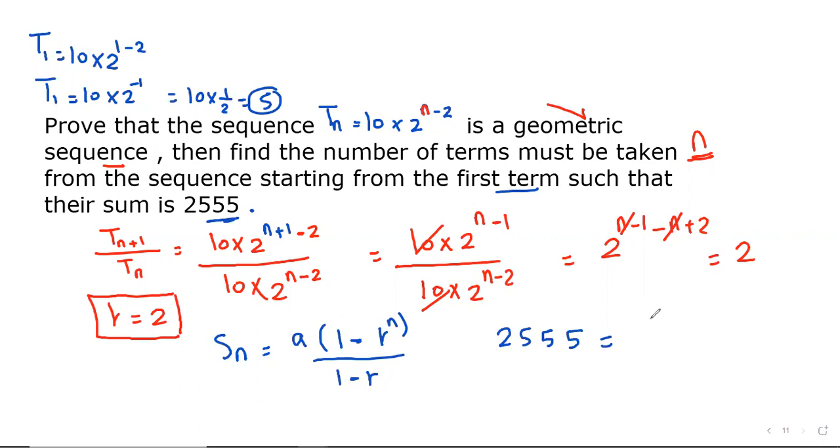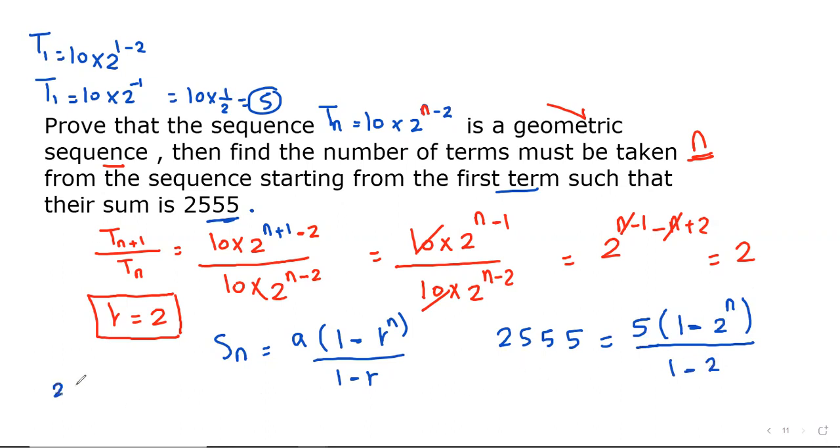So here A is 5 multiplied by 1 minus r. r is 2 to the power of n. I don't know what n is. Over 1 minus r, which is 1 minus 2. 1 minus 2 is negative 1.